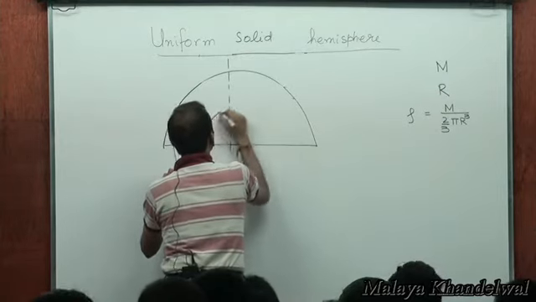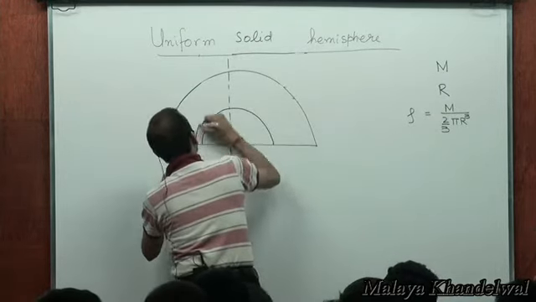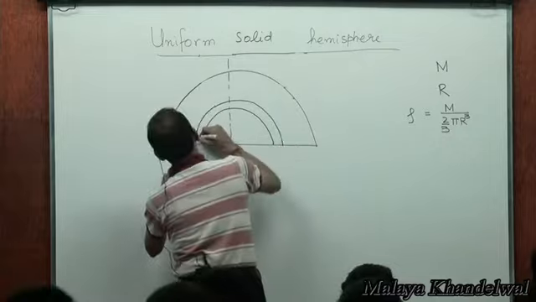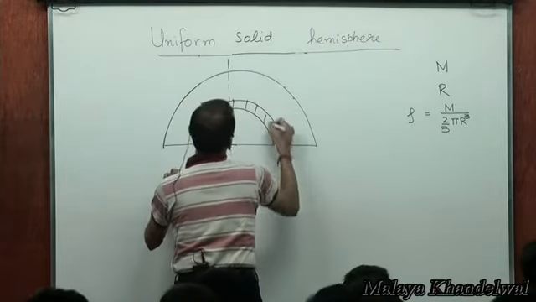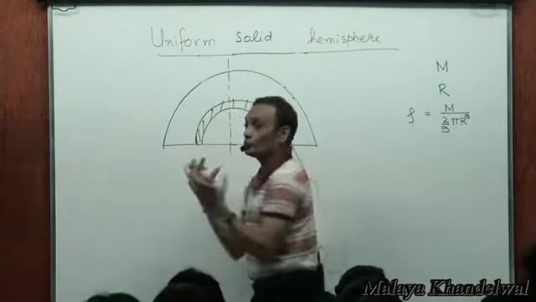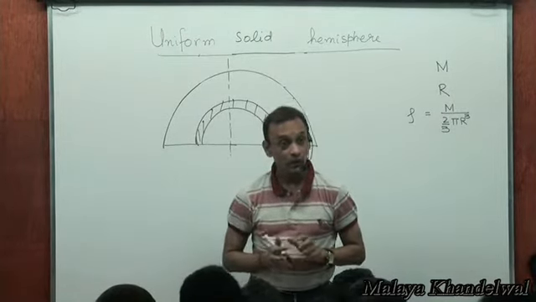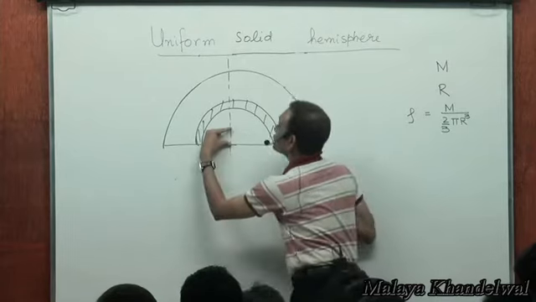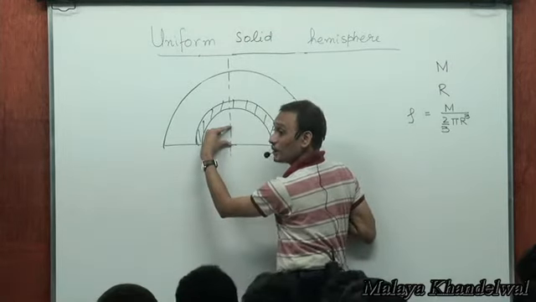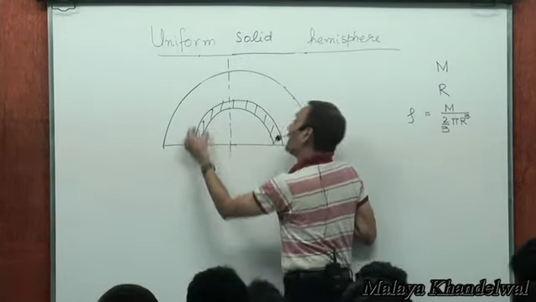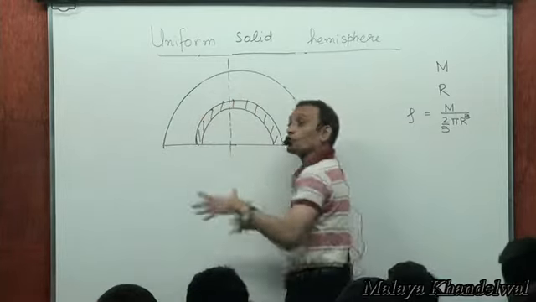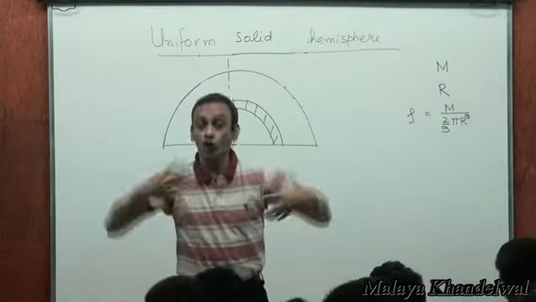Say this is a certain cap that I select which replicates a hollow hemisphere. This is like a hollow hemisphere, isn't it? This portion could be looked upon as a hollow hemisphere, the shaded portion, right? And its center of mass would be at half its radius from here. I do that for all such caps that constitute this solid hemisphere.